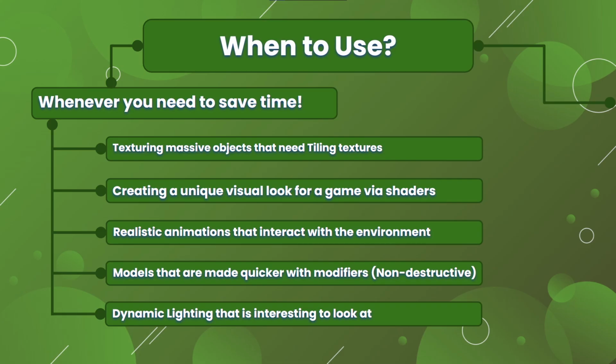I think that's the most helpful thing I can say: do this to save your time, because there are so many other courses you need to worry about in this program, and the last thing you want is a massive headache over the fine details in your model, and why everything's not working, why everything's incohesive, when you can just make sure things are cohesive with procedural work. And texturing massive objects, you can use tiling textures to do that, right? That saves so much time. You just drop it in, adjust the scaling of the UVs for that model, and it looks great.